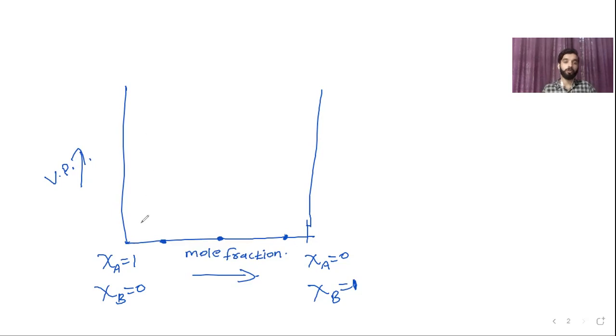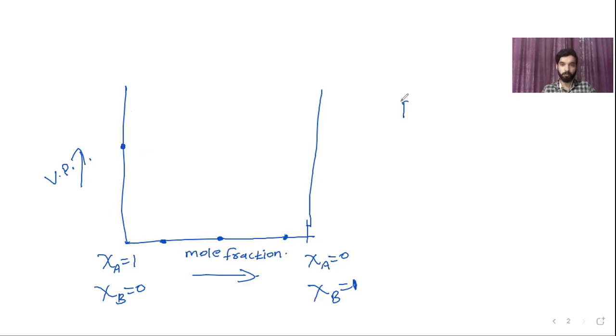So as the mole fraction varies, how do the vapor pressures Pa and Pb vary? That's what we get from this graph. First we'll plot Pa, the partial vapor pressure of A. At the left extreme, Pa will be the maximum value.